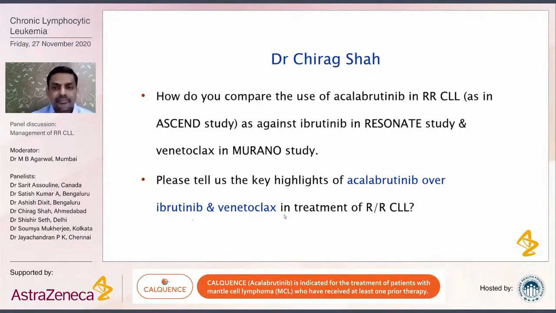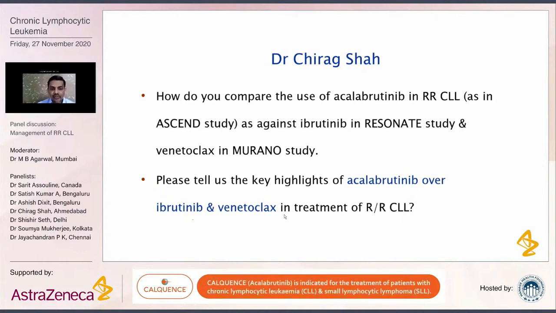All in all, now we have to wait for the direct comparison of Acala versus ibrutinib.